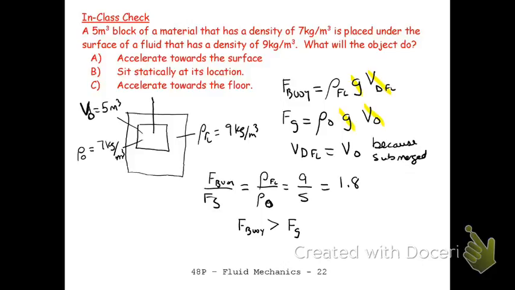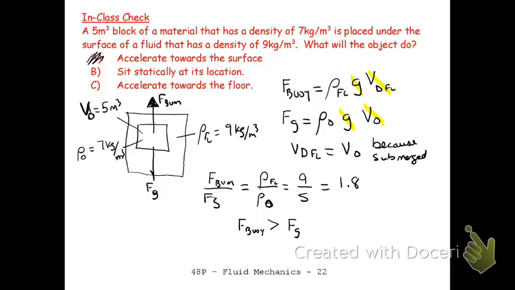If the buoyant force is bigger than the weight, what will it do? Will it accelerate towards the surface, will it sit statically in its location, or will it accelerate towards the floor? Yeah, it accelerates up, because the buoyant force is bigger. 1.8 times the weight gives you the buoyant force.